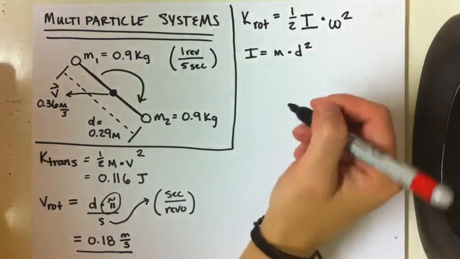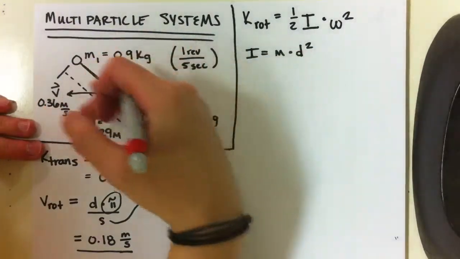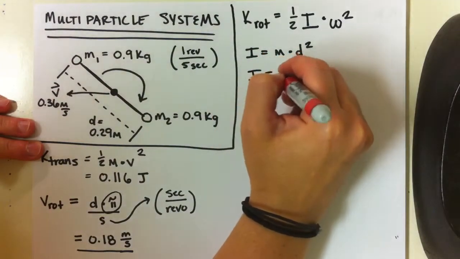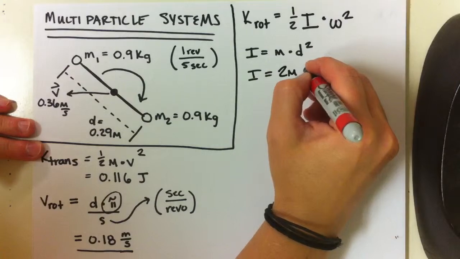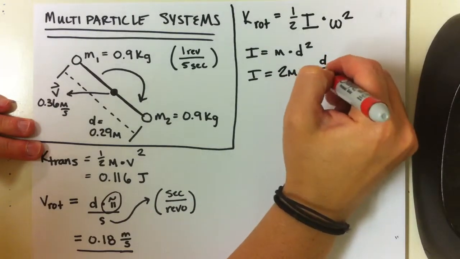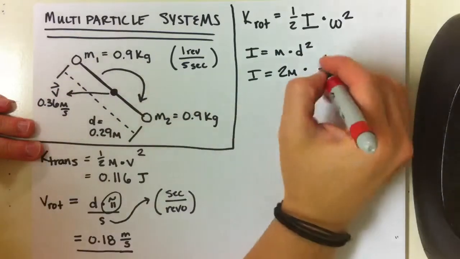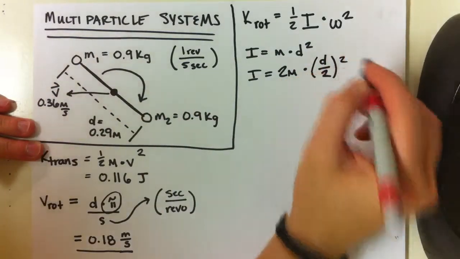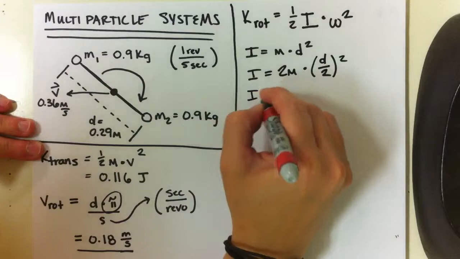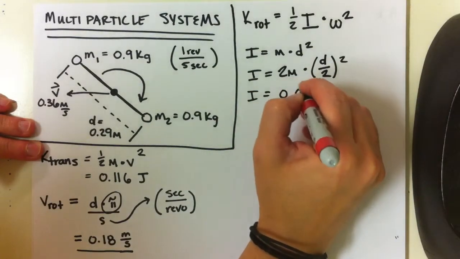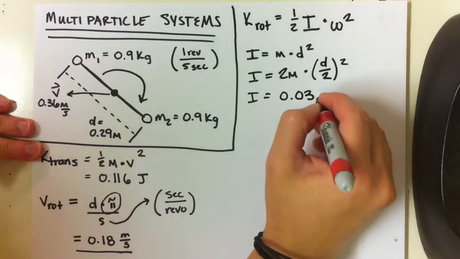If we add both our masses together, we get 2 times our mass times our distance divided by 2, to give us the distance at the center of mass. And we are still going to square it. Working it out, you come out with the moment of inertia equal to approximately 0.03.